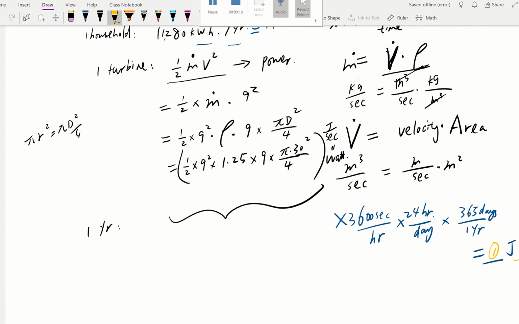Then you need to figure out the number of households. It's basically how much energy is coming out of this wind turbine during the course of 1 year, divided by how much each one household uses during the course of 1 year. Then you see how many households. That's going to be our answer for this problem.